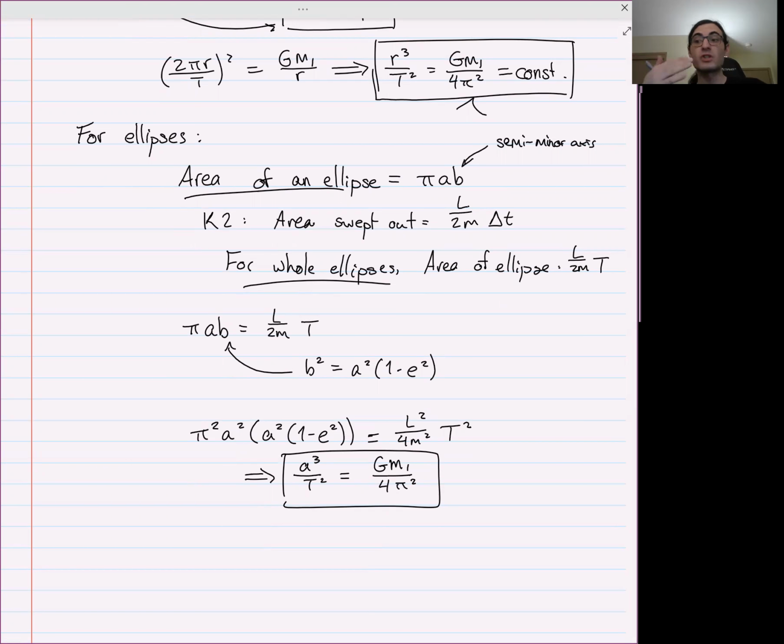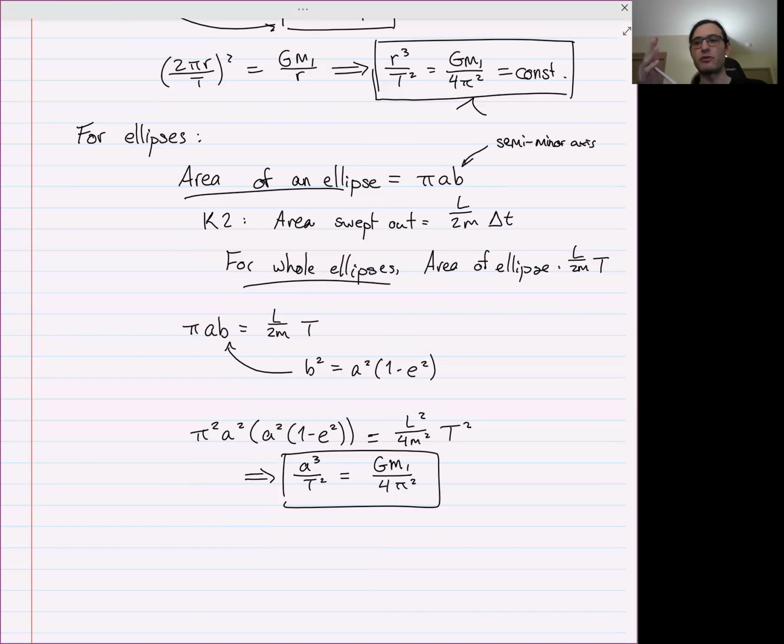And Kepler's first law required that gravity goes as 1 over r squared. So both Kepler's first and third law require that gravity is an inverse square law. The second law, you didn't need the inverse square law property for gravity. You only needed that it's a central force.